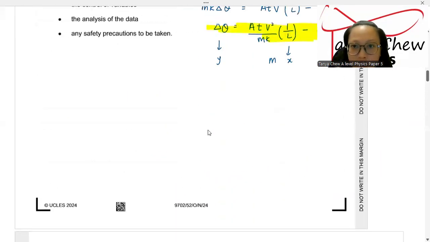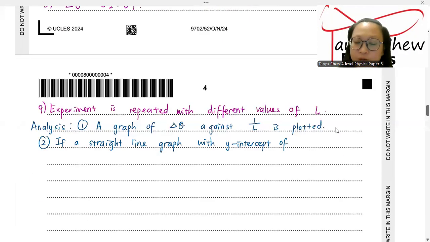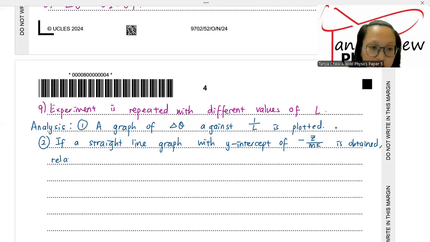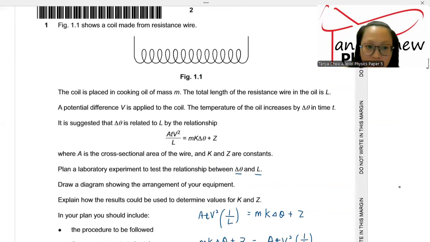Let me scroll out a little bit. Negative z over mk. Remember that, okay? So negative z over mk, right, is obtained. If you want to give the gradient, it's also okay. So I will say that relationship is valid.